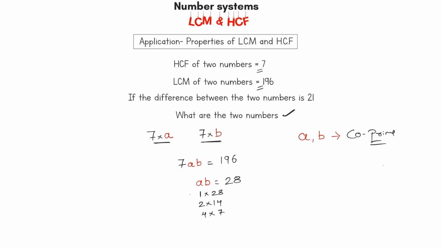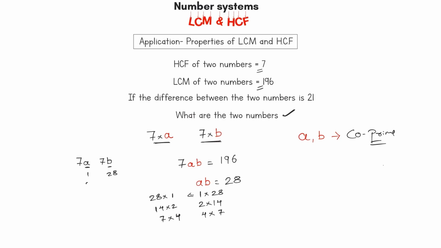Now, what will you see here? See, 1 into 28 is similar to 28 into 1. So don't take that to be a different case. 2 into 14 is same as 14 into 2. And 4 into 7 is same as 7 into 4. Why do I say this? Because my two numbers are 7a and 7b. So if a is equal to 1 and b is equal to 28, I'll get the same answer.